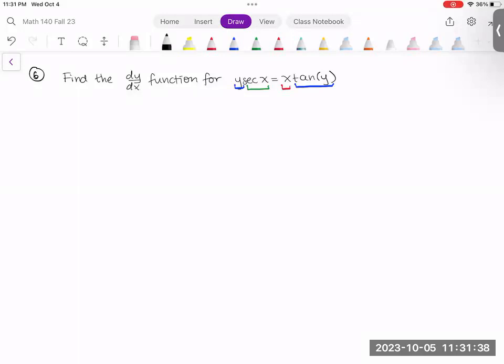The derivative of y is going to be dy/dx, and we multiply it by the undifferentiated secant x. We're going to add y times the derivative of secant x. Okay, so this is our left-hand side.